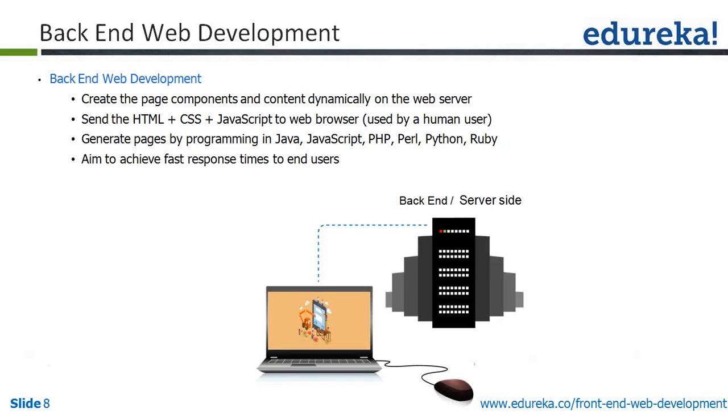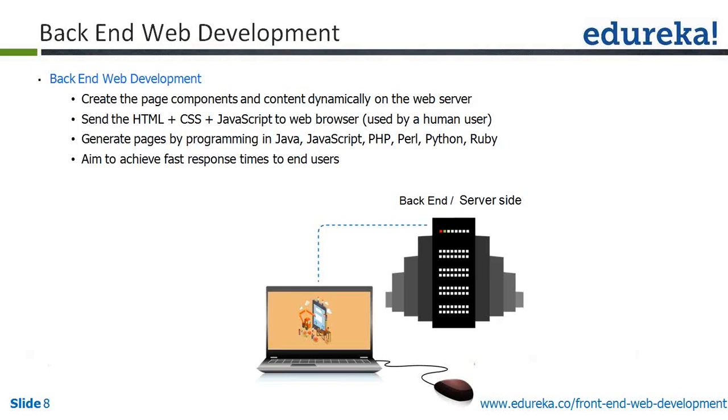And for doing the backend development, you need skills, as I said, Java. If you're doing backend website development using Java, then you need an application container like Apache Tomcat or IBM WebSphere. If you're running Node.js, then you need JavaScript. If you're running Apache Web Server, then you can do coding in PHP, Perl, Python, or even Ruby.